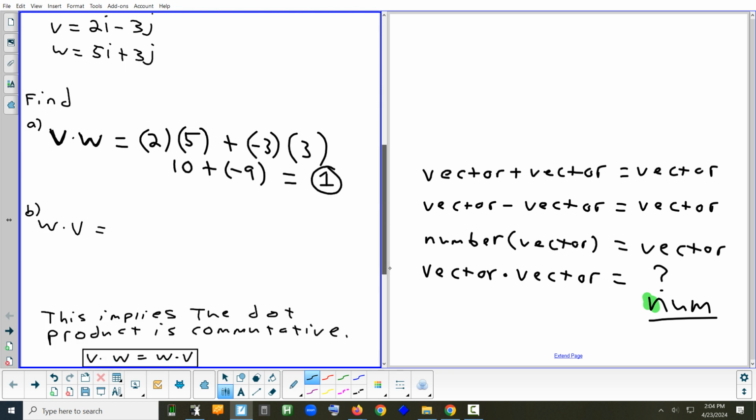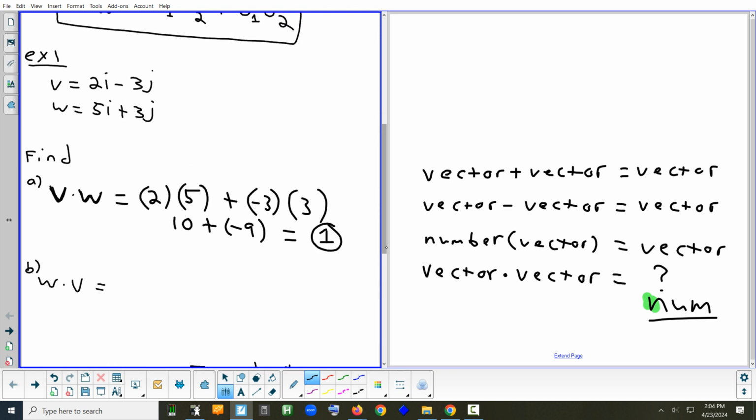Let's try it the other way. Instead of v dot w, let's try doing it w dot v. How would you write it specifically if I want it in that order? W dot v. What would you put? 5 times 2. 3 times -3.